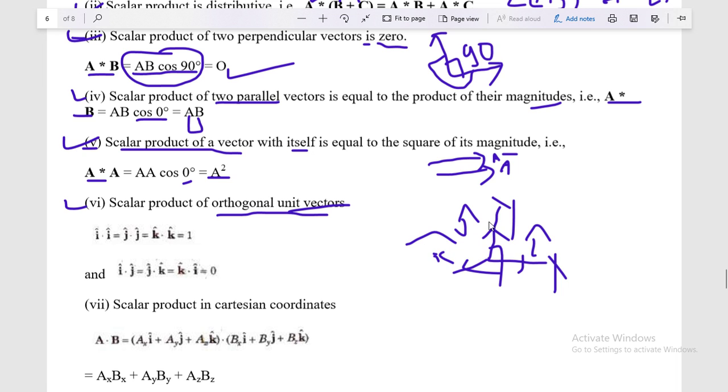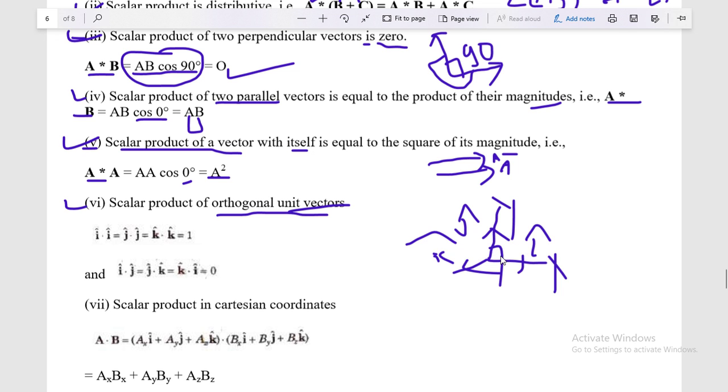So we know two things about these vectors: these three have magnitude 1 and they are at an angle of 90 degrees to each other.